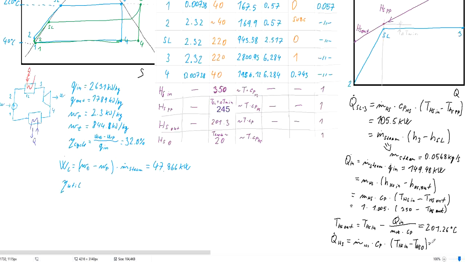cooled down to the ambient temperature. So that is all the heat you could theoretically extract from the heat source if you cool it down to 20 degrees C. So the mass flow rate of the heat source 1, Cp 1.005, temperature heat source in 350 degrees C, temperature heat source out, the heat source at the ambient temperature, where the ambient temperature is 20.